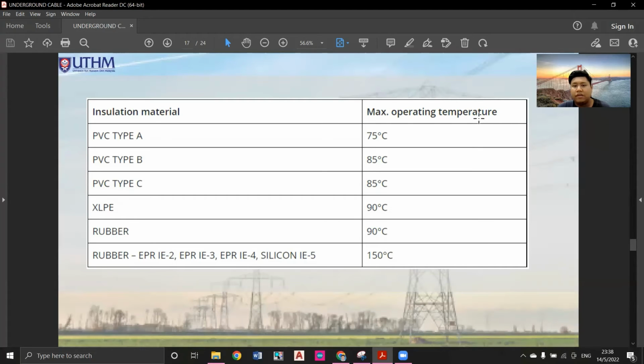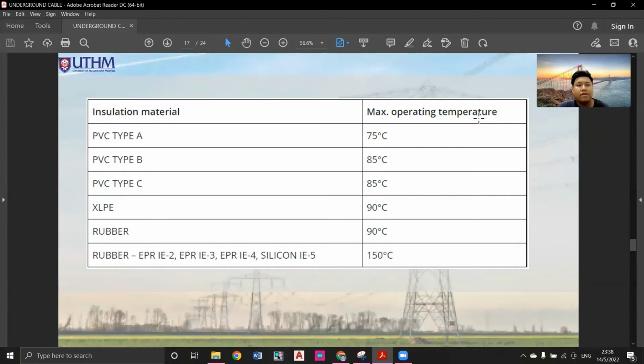PVC type B 85, PVC type C 85, XLPE is 90 degrees, rubber 90 degrees. The last one is rubber combined with another element such as silicon, or IPR IE2, 4, 3, and 5. So it can operate at a maximum of 150.